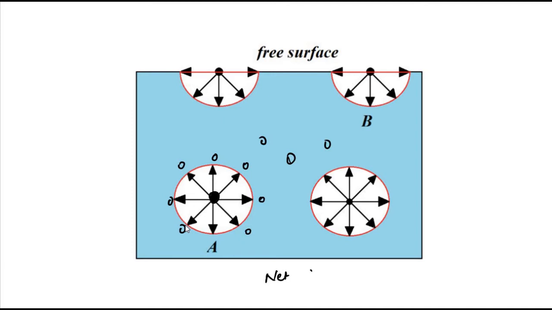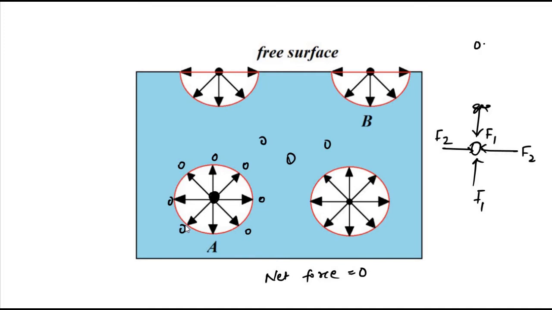The net force is 0. Sorry, this is not in the upward direction, it is in the downward direction. Sorry, this is not F1. Here it is, let's say, F2, here it is also F2, like this. So everything gets cancelled out.